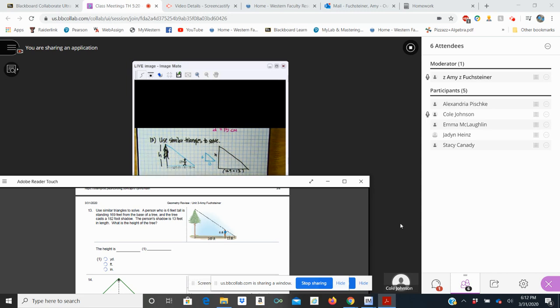So I can use my similar triangles. Six goes with, so 6 on this blue triangle goes with H on the big one. Just like 13 on the little one goes with 169 plus 13, or 182.